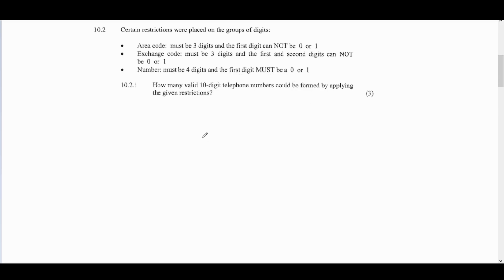10.2.1 says how many valid 10-digit telephone numbers could be formed by applying the given restrictions. Let's start with our area code.